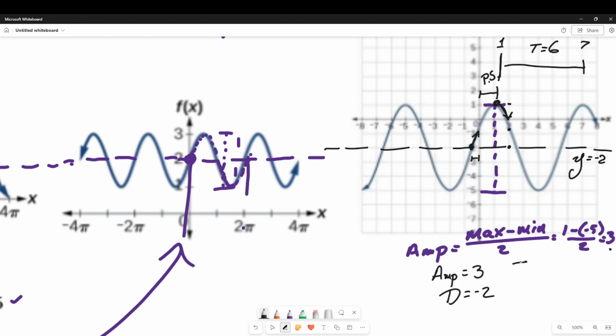And we know period should be 2 pi divided by that compression factor, the coefficient of the x on the inside. So if that's 6, that's got to be 2 pi divided by b, multiply by b divided by 6, so b is 2 pi over 6, so b is pi over 3.